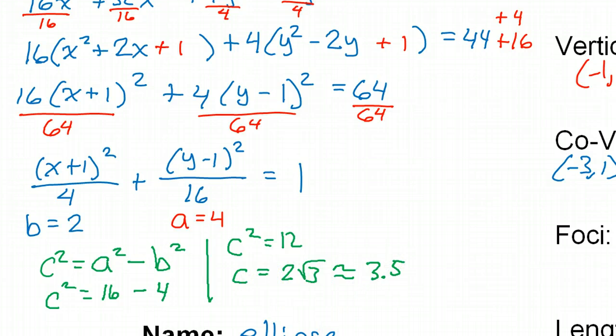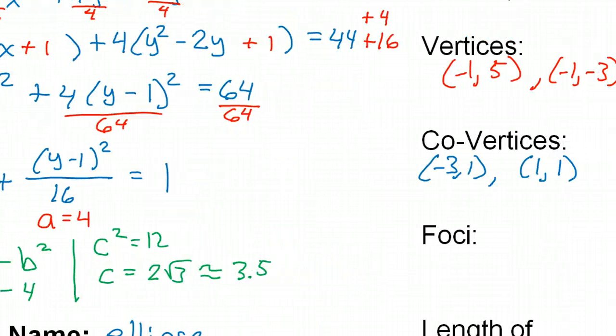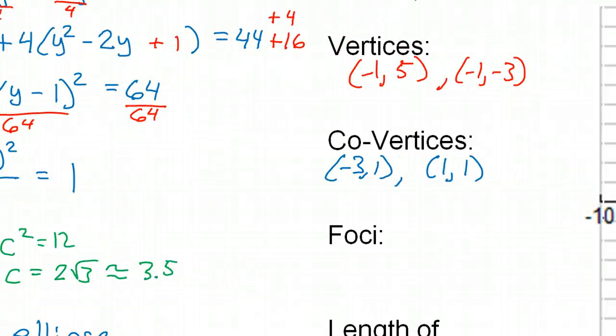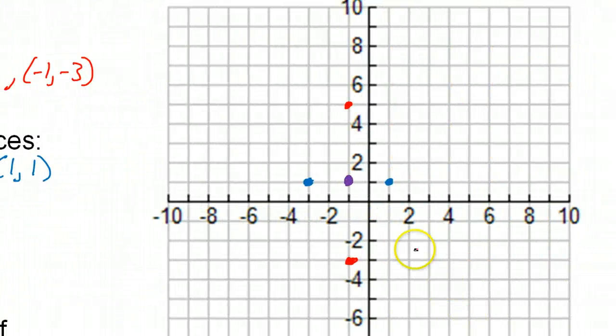Alright, so the c value is approximately 3.5. That tells me where to graph my foci. The foci will always be in the same direction as the vertices. It will always be the long way. So 3.5 would be, from the center, this is 3, so here's 3.5.